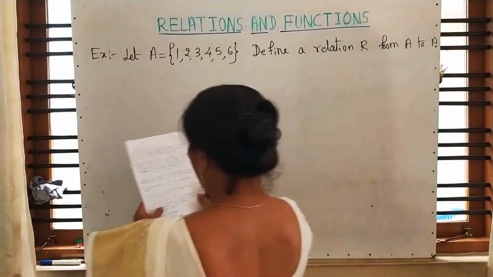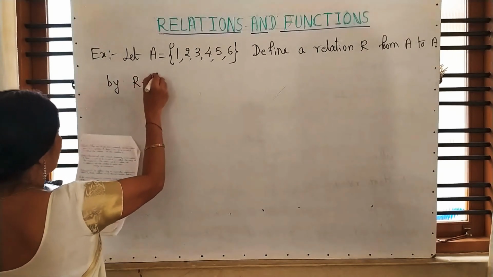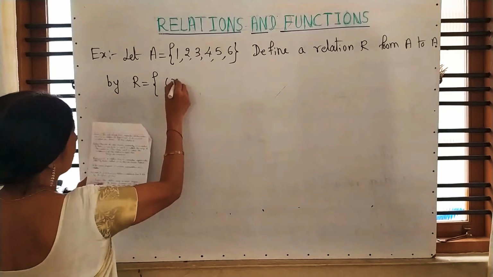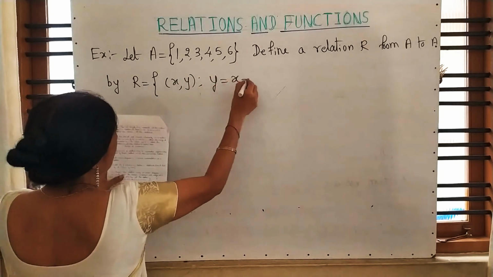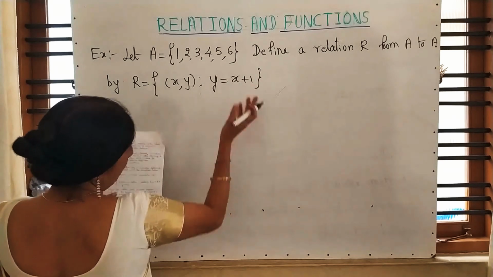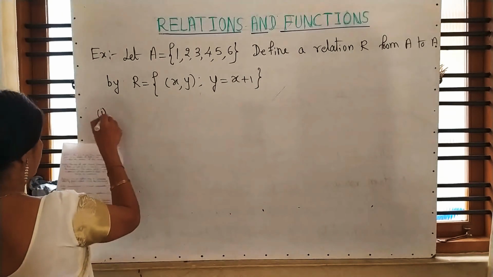The first set is also A, the second set is also A. And with the help of the given condition we have to write the relation: (x, y) such that y is equal to x plus 1. Y means in the ordered pair the second element, and x is the first element.